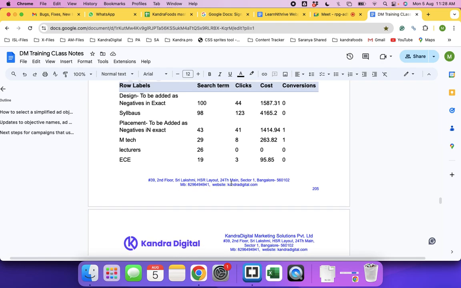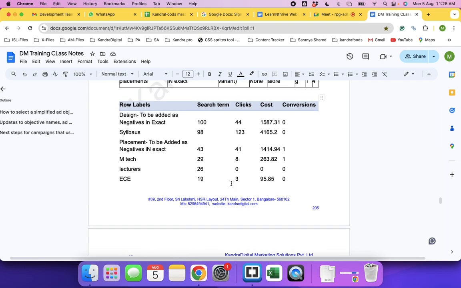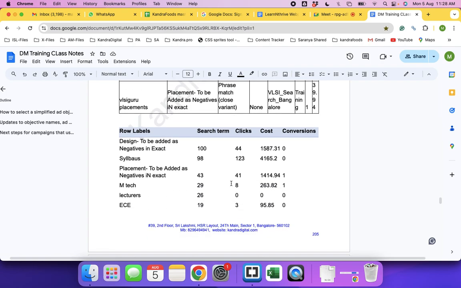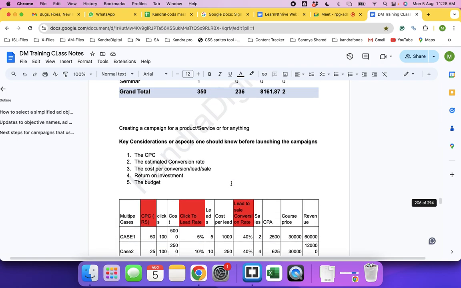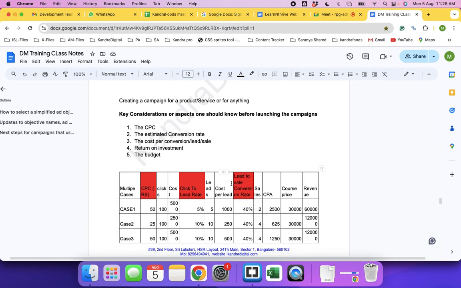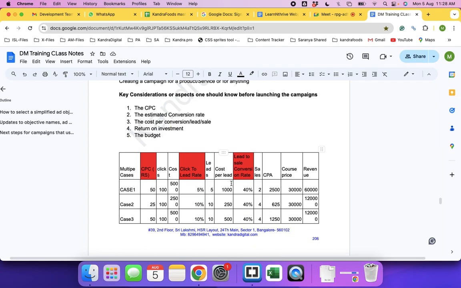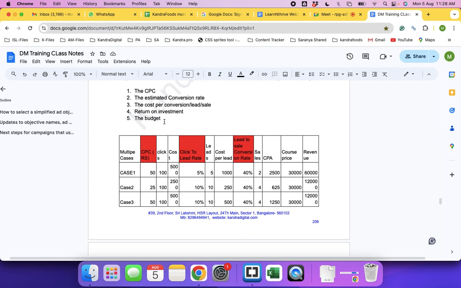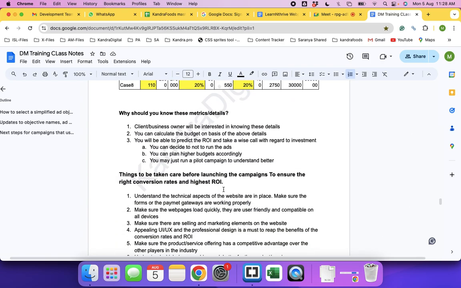I don't know how many of you remember that. This one also we have done already. This exercise.